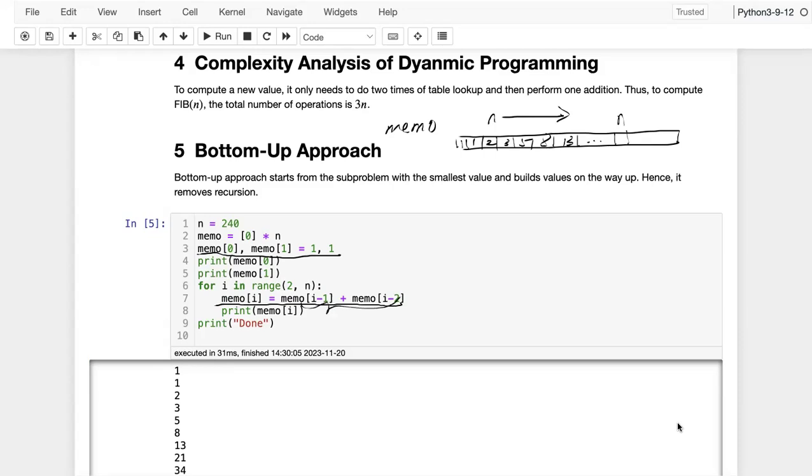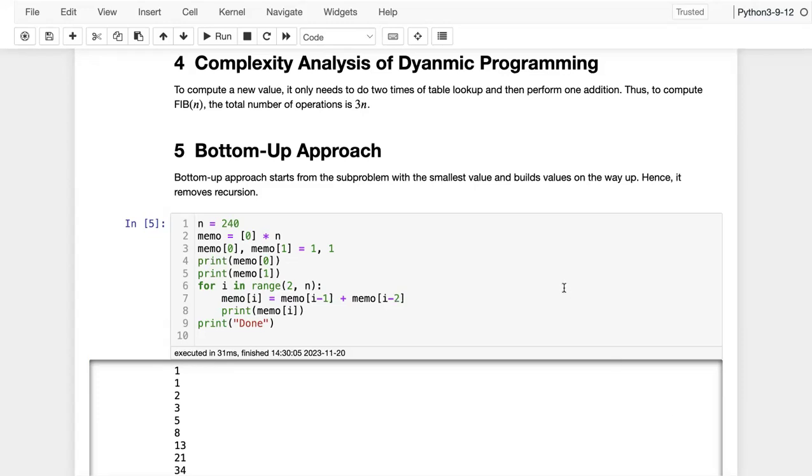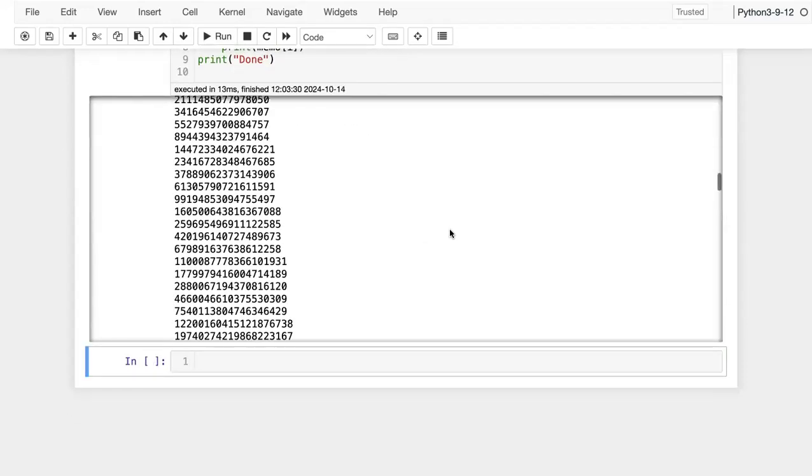Hence this is also linear time, so it's going to be quick too, very fast. So n is 240, and also a blink of a second, and we're done.